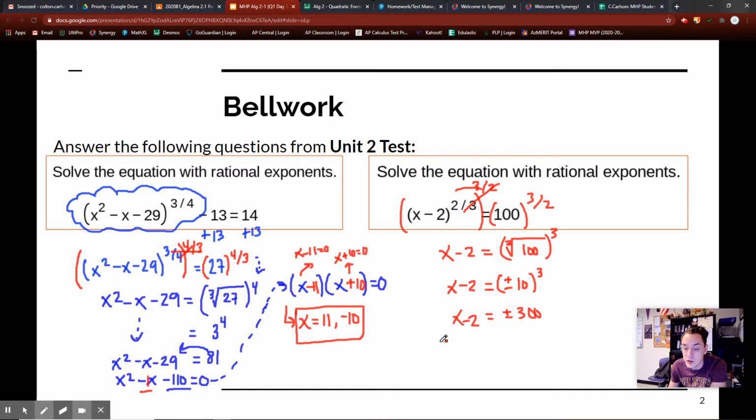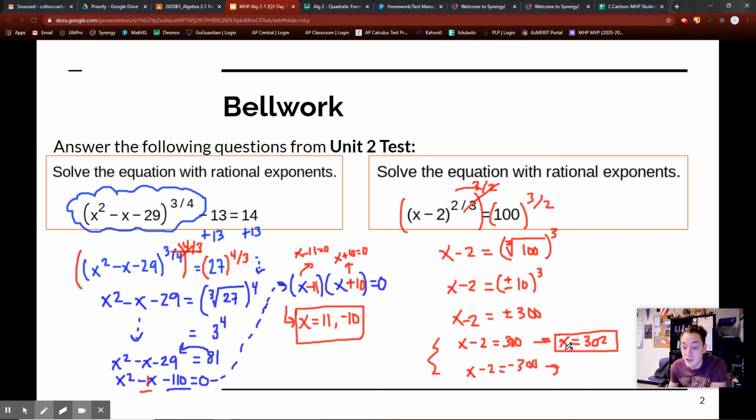This is x minus 2. So my two answers are actually as follows. x minus 2 equals positive 300, and then x minus 2 equals negative 300. So when I add the 2 over, I get x equals 302 for one solution. This is primarily what most of you got, that answer.